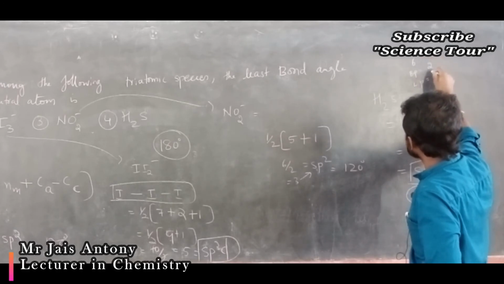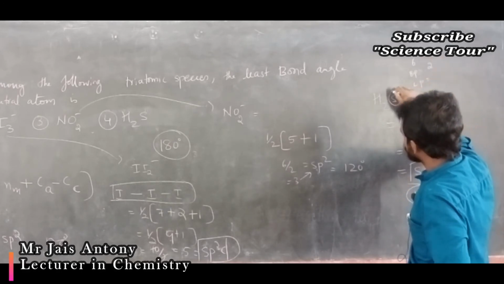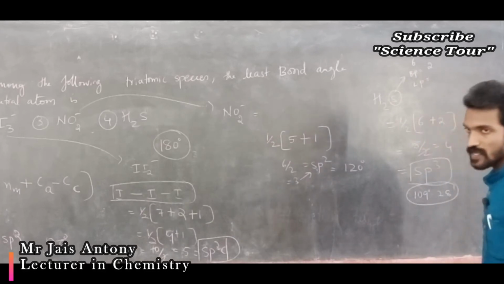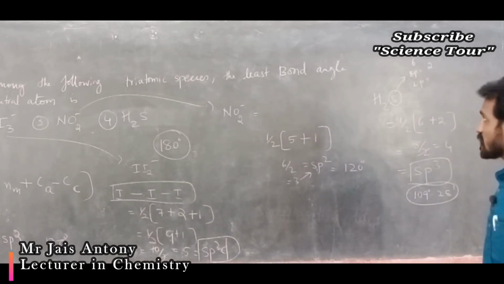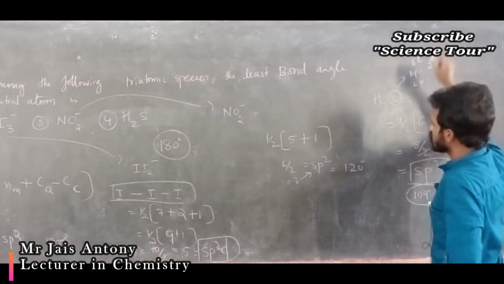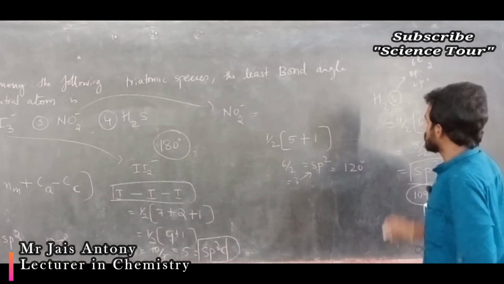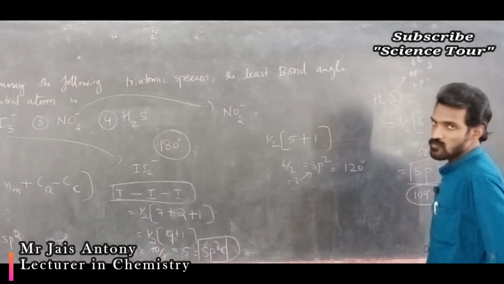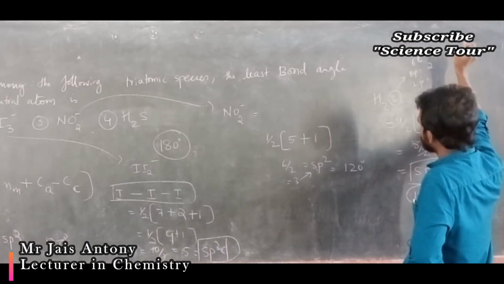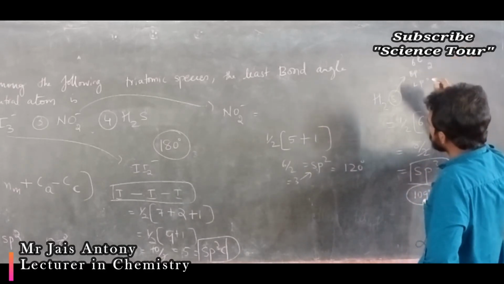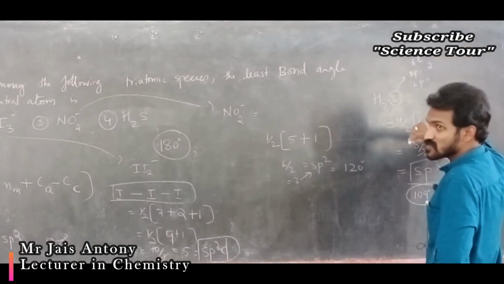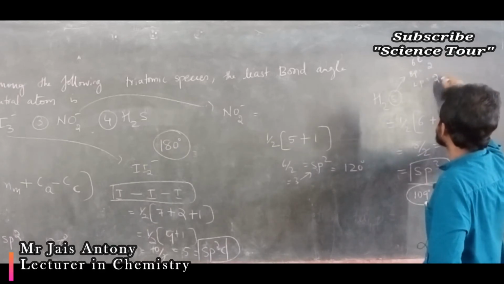Look at this, my dear students, I am finding the lone pair and bond pair of this particular. Sulfur has 6 electrons. It forms 2 bonds with the 2 hydrogens, so bond pair is 2. How many lone pairs are there? 6 minus 2 is 4 electrons. 4 electrons means 2 lone pairs.